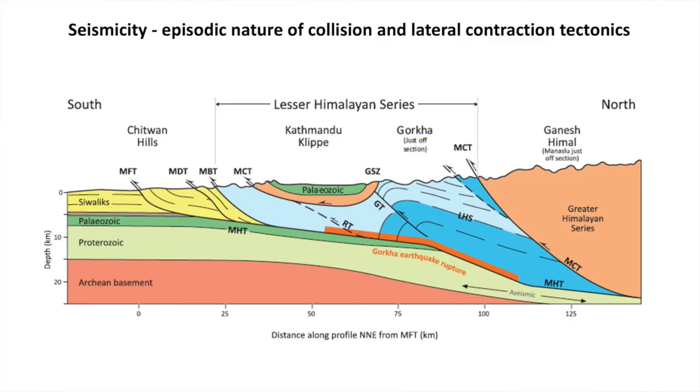Now, here's the main Himalayan thrust. This was responsible for the Gorkha earthquake of 2015. The movement was about 1 meter, just 1 meter, enough to shake the whole mountain chain. Well, that's an exaggeration, but the whole of that region of west central Nepal.